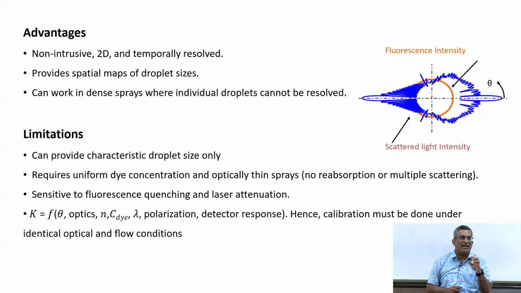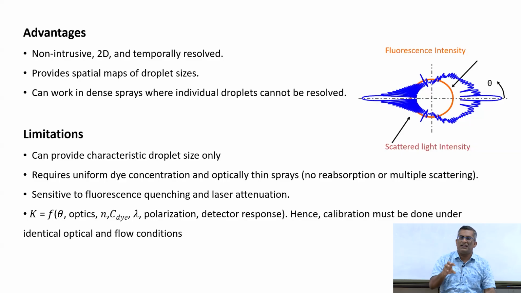Obviously the dye absorbs light and it emits, but it is not like the light it emits is equal to the light it absorbed. So, that is the problem. That is why the laser intensity itself reduces even within a droplet or past a droplet.